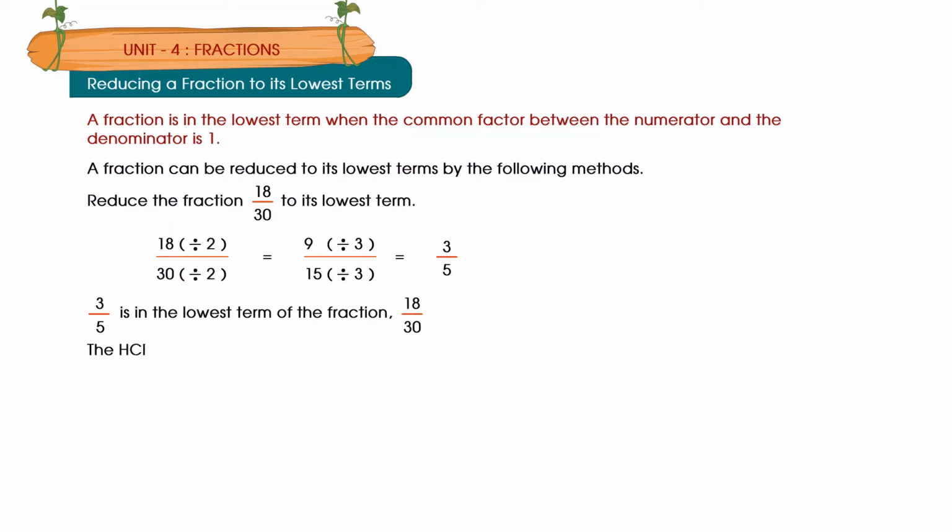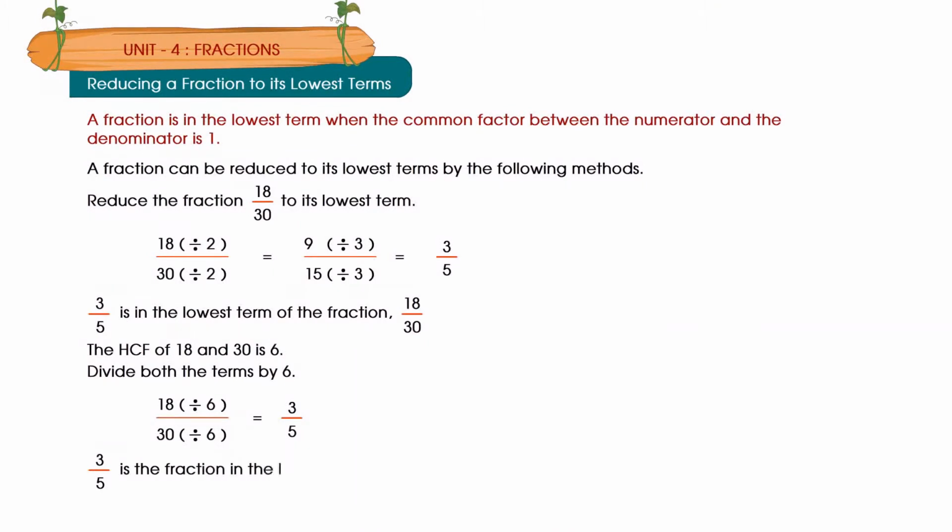The HCF of 18 and 30 is 6. Divide both the terms by 6. 18 divided by 6 by 30 divided by 6 is equal to 3 by 5. 3 by 5 is the fraction in the lowest terms of 18 by 30.